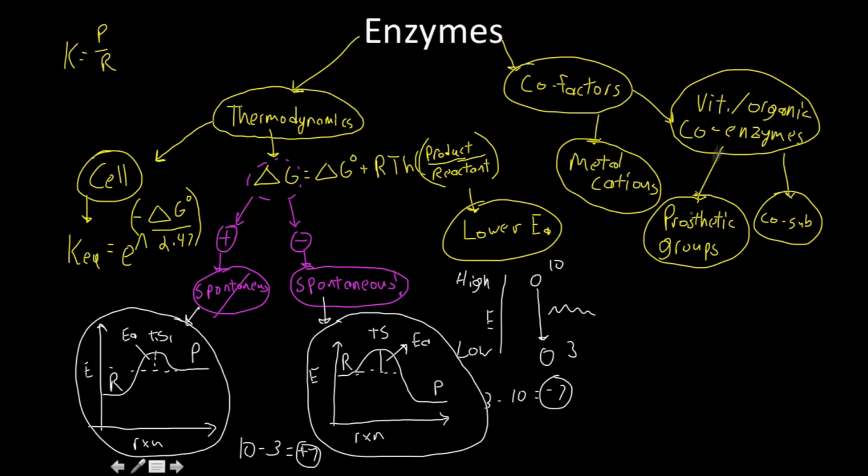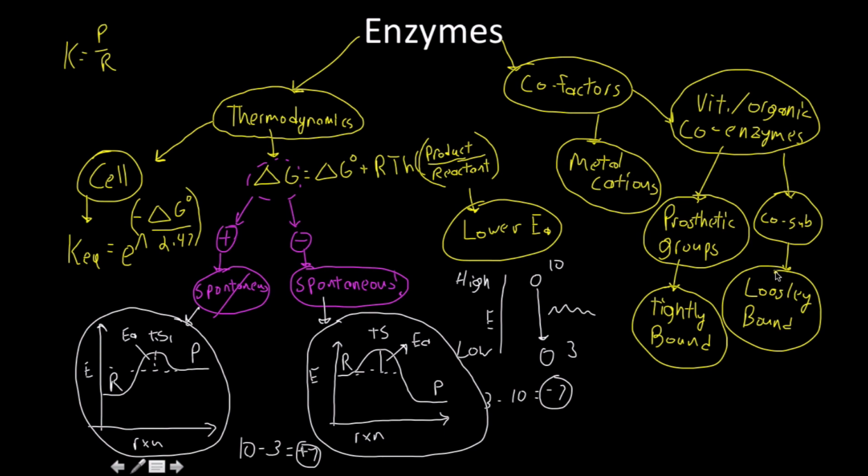Okay, so prosthetic groups, in this context, the vitamins or organic compounds that act as coenzymes, prosthetic groups are the ones that are going to be bound very tightly to the active site of our enzyme, which again, I'm making the assumption you know that already. And then the co-substrates are loosely bound. That's why we call them co-substrates. Loosely bound to the active sites of our enzymes.